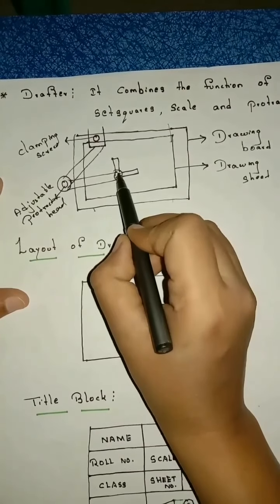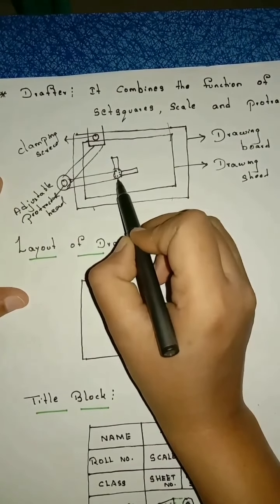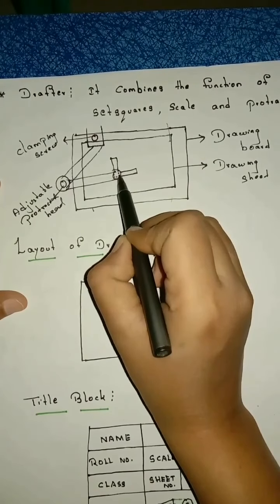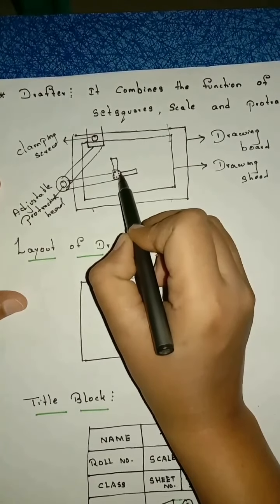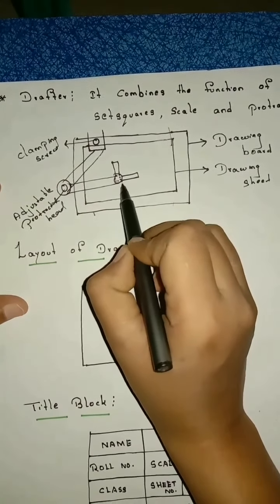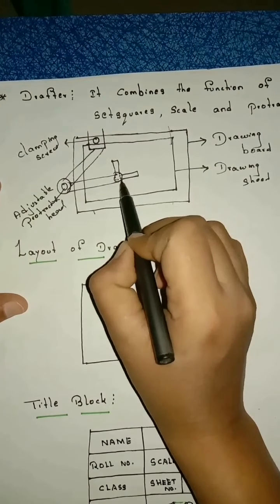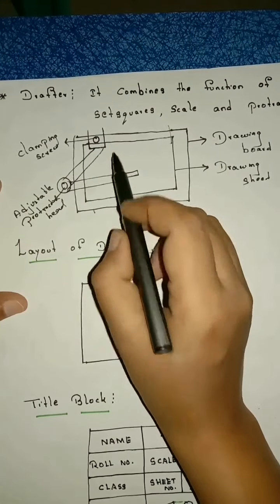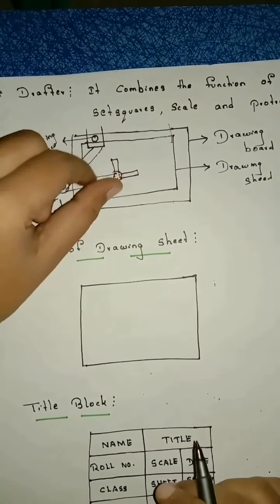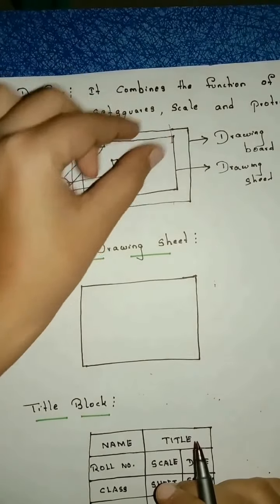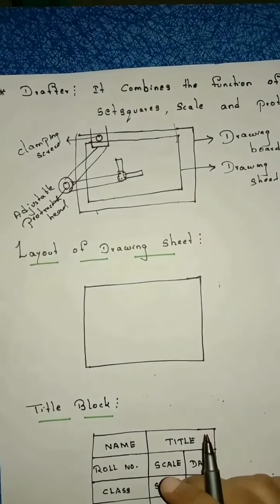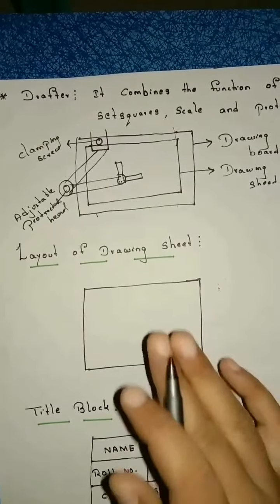Here we have the protractor. The protractor will show the angles 0 10 20 30 40 50 60, right? This is used for drawing horizontal lines and this is used for drawing vertical lines. We can loosen this one and tighten this one in order to draw the inclined lines also, right? So this is the complete overview of the drafter.